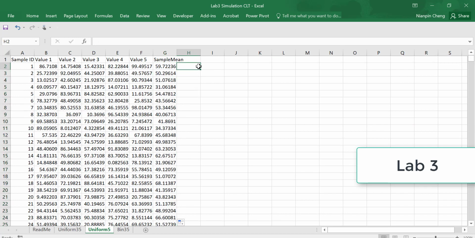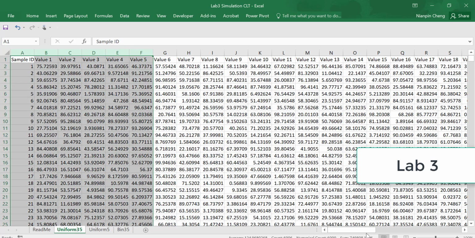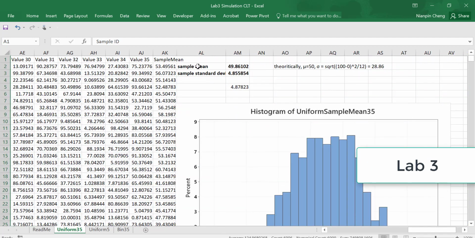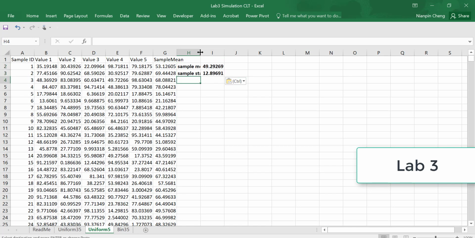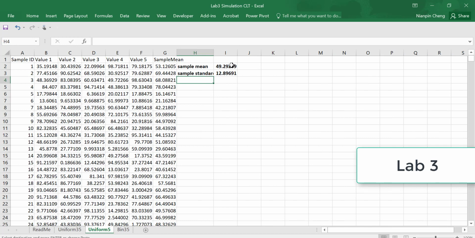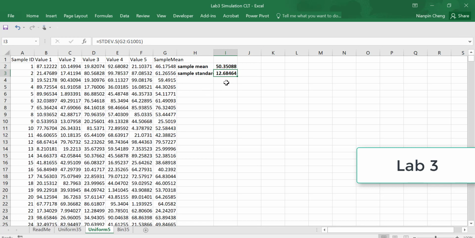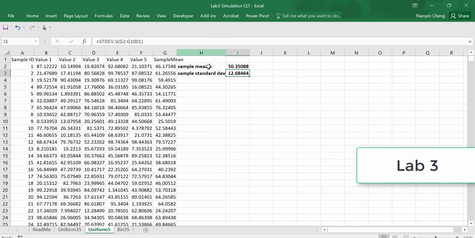Now next we would like to know the sample average and sample standard deviation. You can put it here, directly copying the formula. So this is the sample average, the sample means' average, and the sample mean standard deviation.